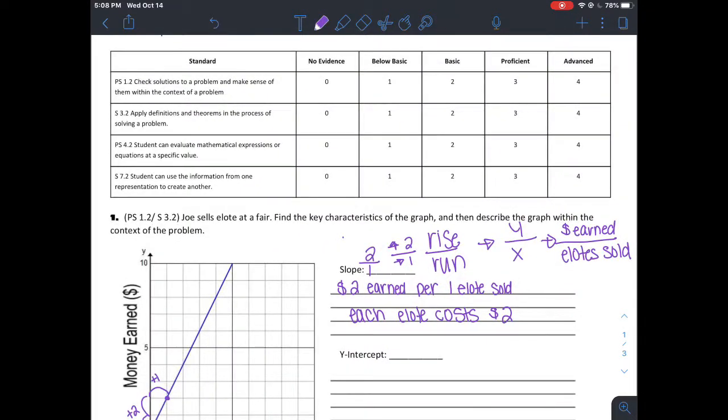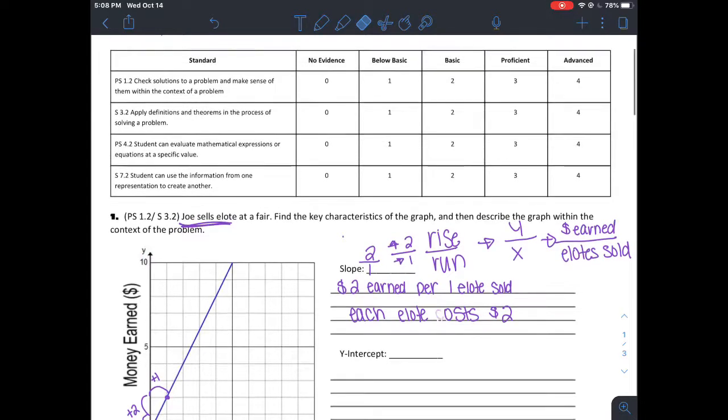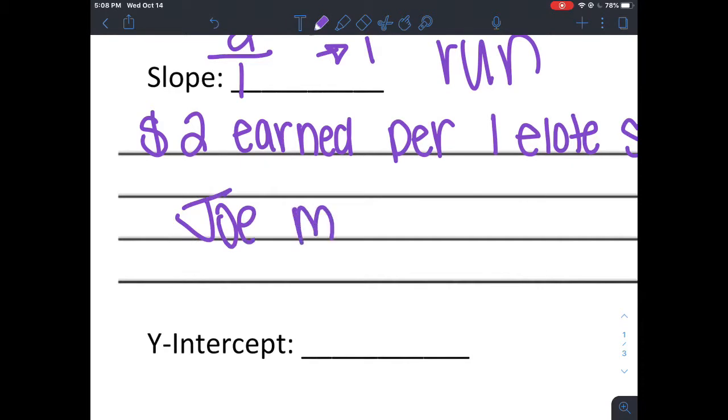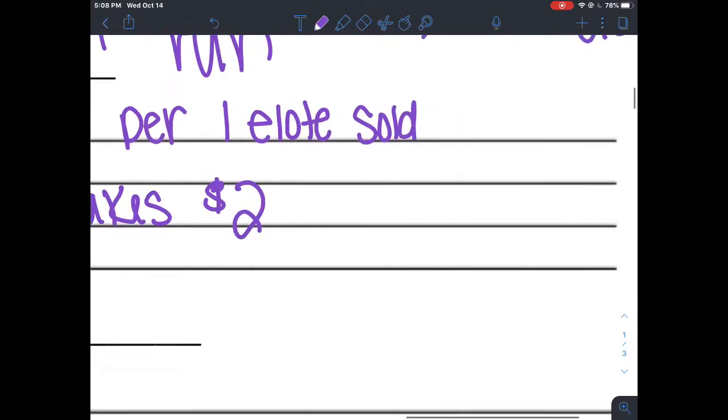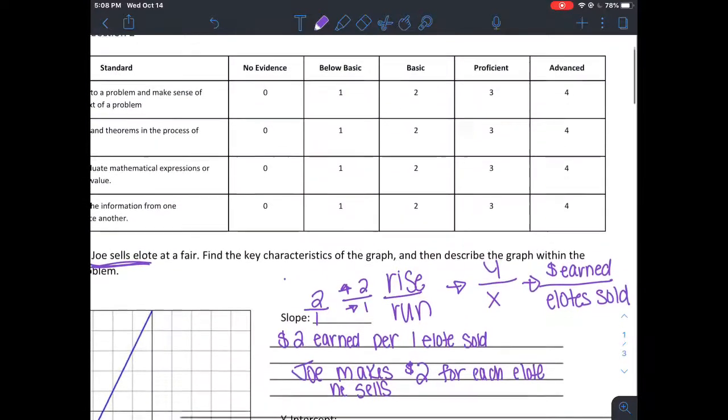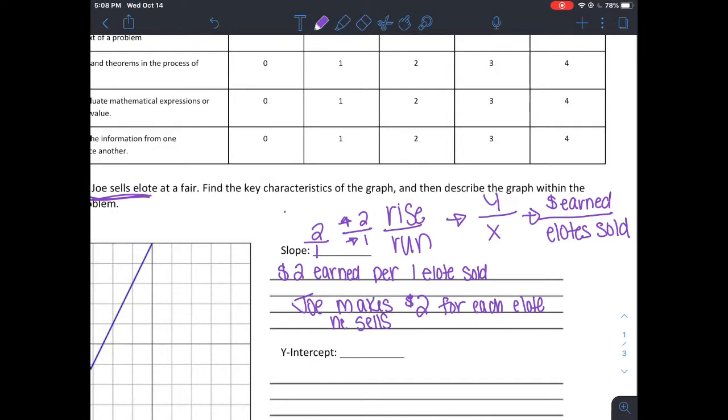Okay? Or I guess Joe is actually selling them. So let's change that. Hold on. Okay, each lot. No, let's erase that too. Okay. Let's say Joe makes $2 for each lot he sells. Perfect. Okay, that makes a lot more sense than my bare bone structured explanation.